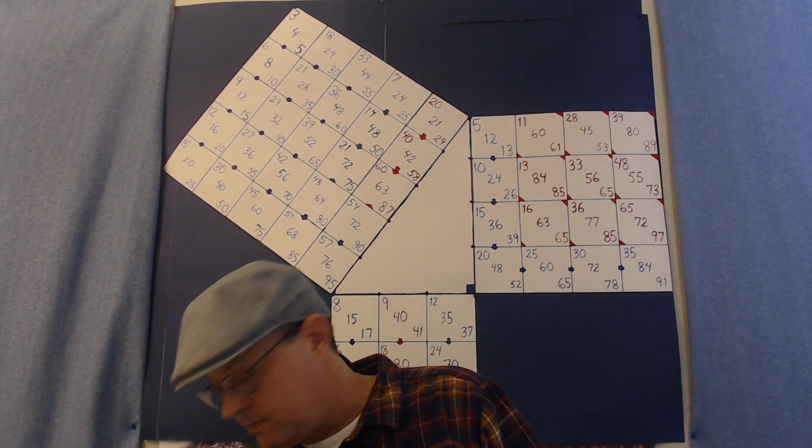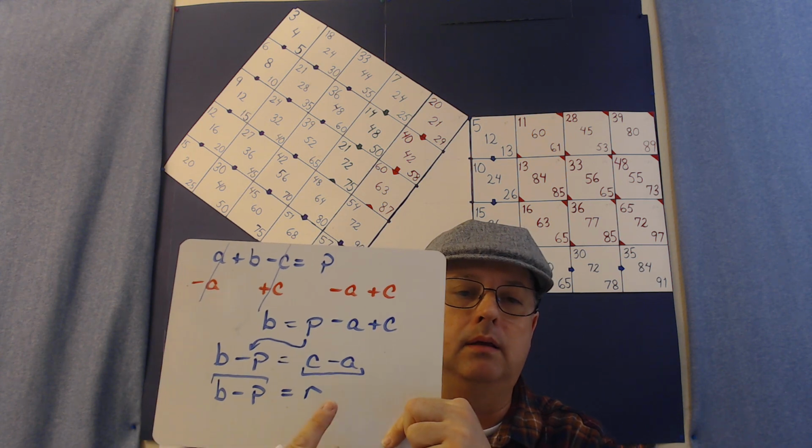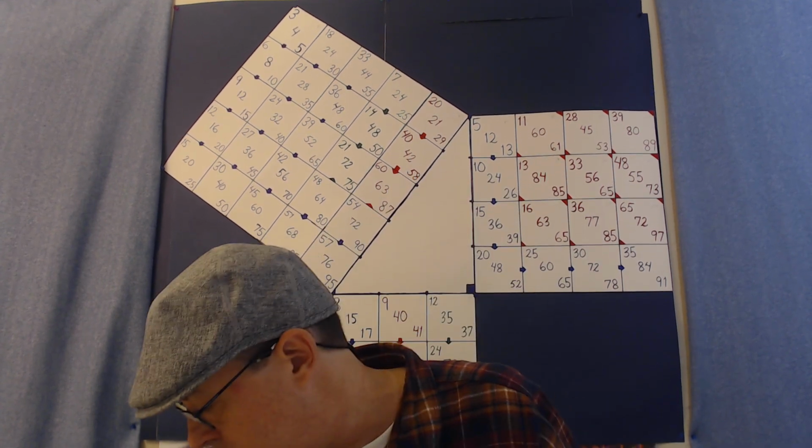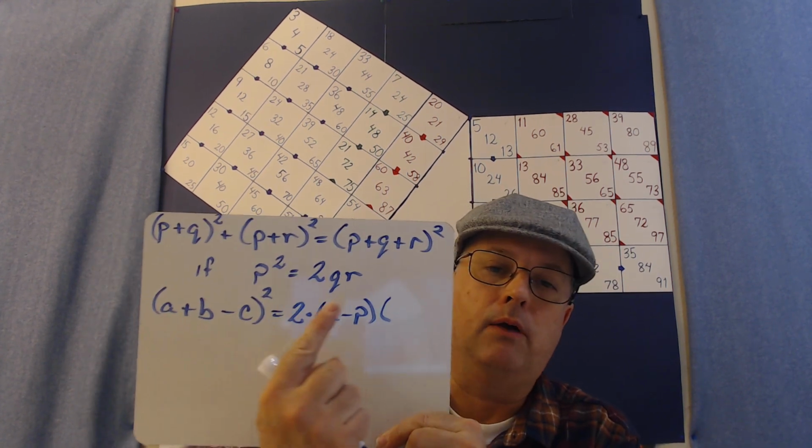Okay. And the way that we found R is we said B minus P, and that gave us R. So let's put that in there. Okay, B minus P is how we get the R value.